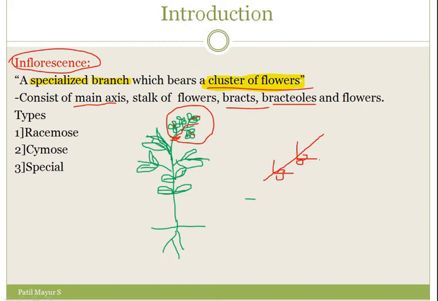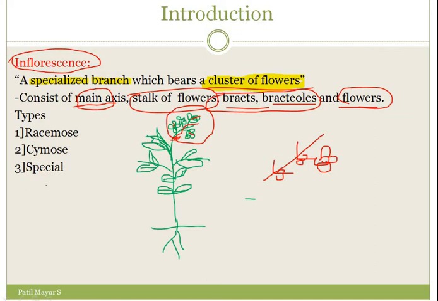And at the apex, it bears the flower. You can see here. So in this way, we define inflorescence. It consists of main axis, then stalk of the flower, then bracts and bracteoles, and at last flower. So inflorescence can be defined in a very simple manner.